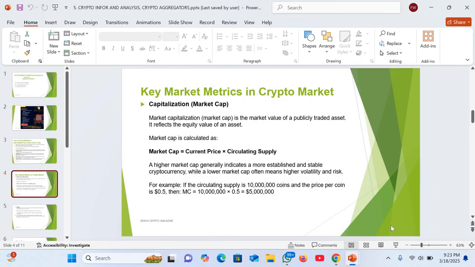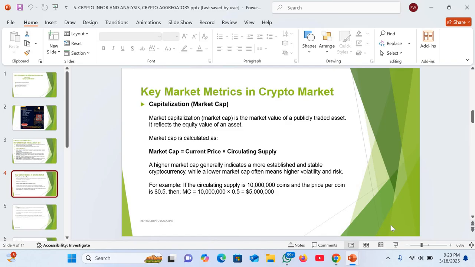And the first crypto metric that I want us to cover today is something called market cap. In full, what we call market capitalization. Market cap is the market value of a publicly traded asset, and in this case, the asset we are looking at is cryptocurrency, the digital asset.